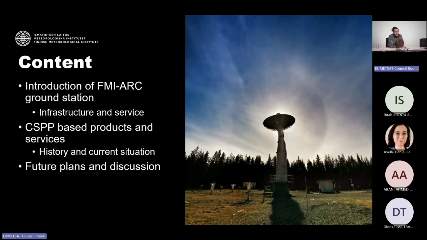The content of the presentation is a general introduction of our FMI Arctic ground station, the infrastructure and the services we have, and then of course the CSPP-based products and services, a little bit of the history of that and the current situation.